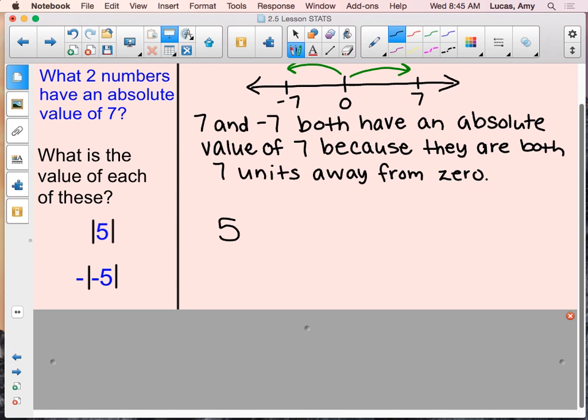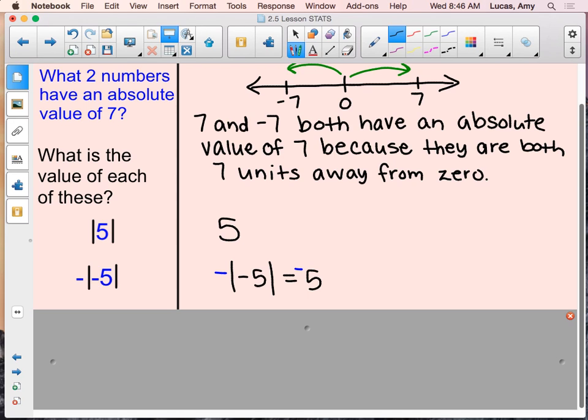This next example, though, has a negative sign out in front of the absolute value. So if I evaluate the absolute value of -5 first, that's 5 units away from 0. Then, if I put the negative out in front, it actually makes your answer a negative. So, inside of the bars, when we evaluate that distance, remember a distance is always positive.